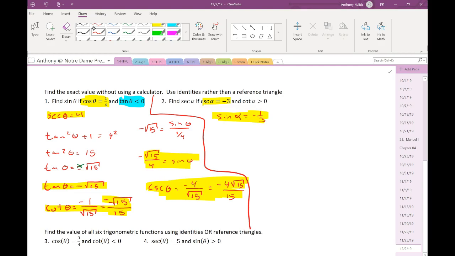Now I want to find a way to relate cotangent to either sine or cosine. So that's going to be using P2.